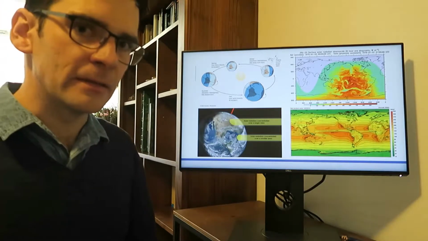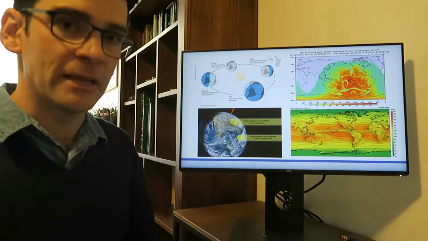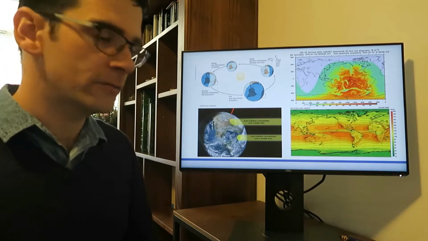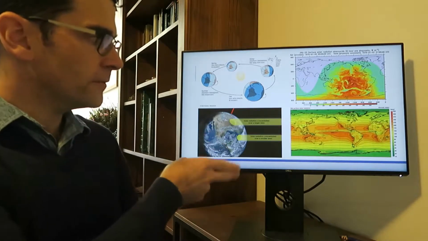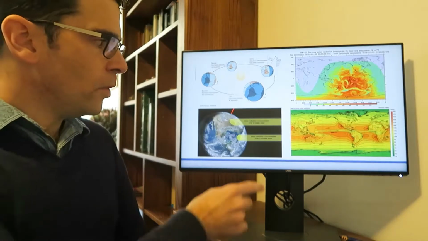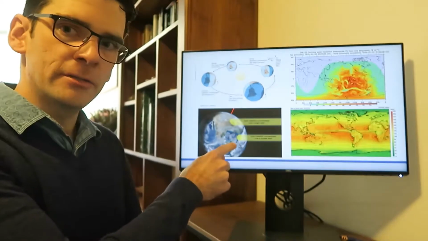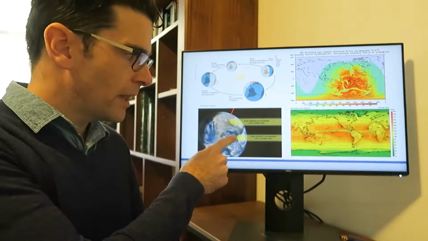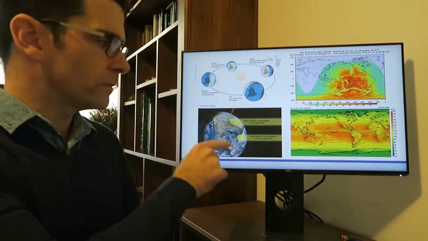Another important thing we need to understand about solar radiation and the amount of energy that's hitting the surface is that because of the curved structure of the Earth, there's more intense solar radiation at the equator than there is towards the poles.